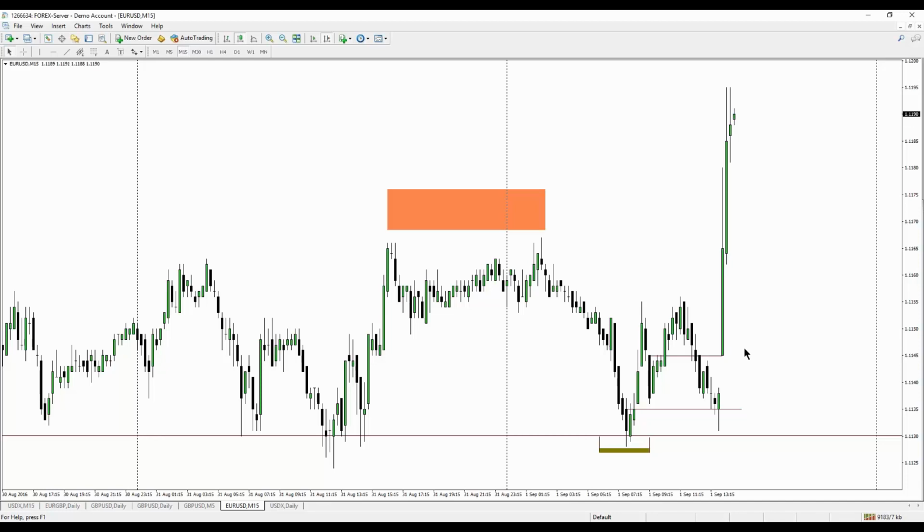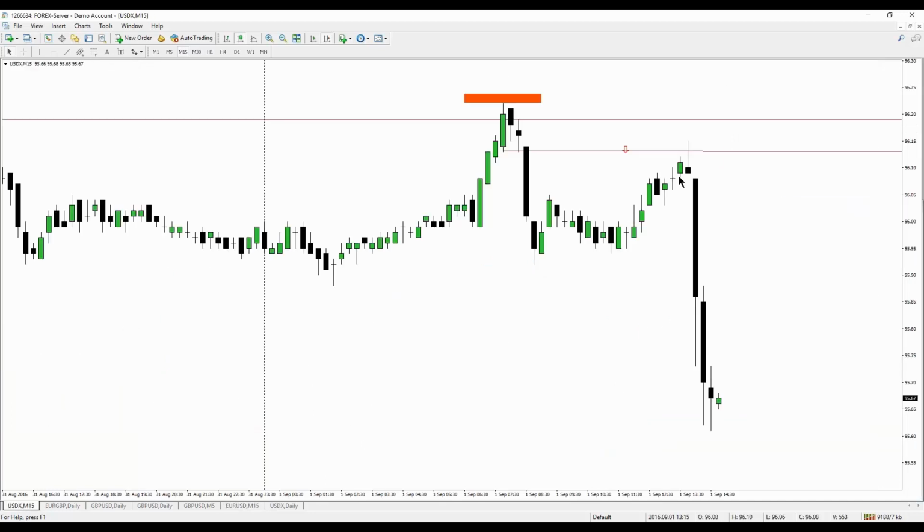Now, euro pound is manipulated between the euro dollar and the British pound dollar. So if we understand the relationship between the two and couple it with the level we had identified, 96.15 on dollar, then we have a loaded deal. It's a high probability setup then.